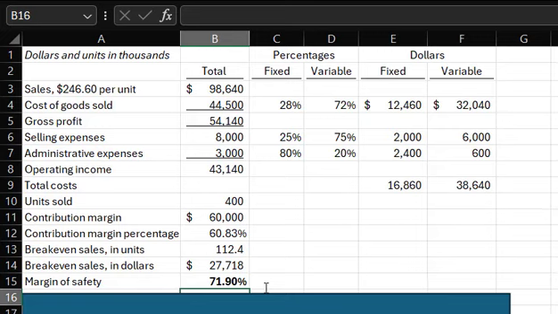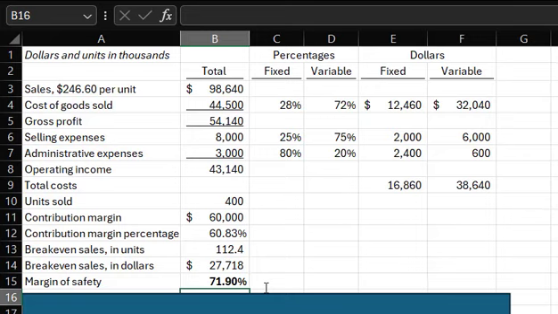Now, let's assume management is considering a plant expansion program. Okay, and it will increase sales by 8,631,000, or 35,000 units at 246.60 in yearly sales.